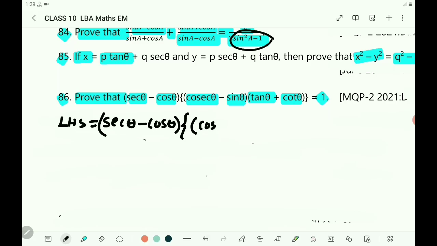Cosec theta minus sin theta. And in the other common bracket, tan theta plus cot theta. And for these two common brackets, there is one flower bracket.